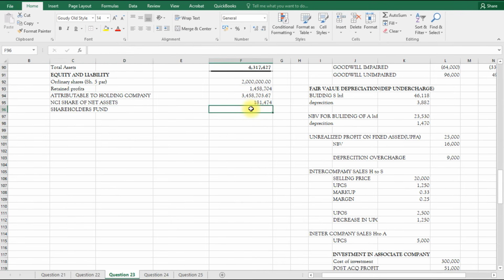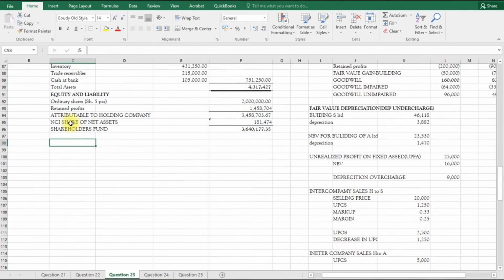So shareholders fund, alt equals, you just need a sum of the two, and I enter. Yeah, that way. So here I'll put the top border, and here I'll also put the top border, and I bold that.